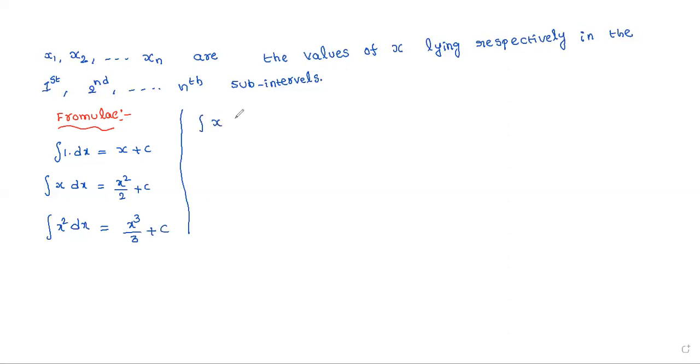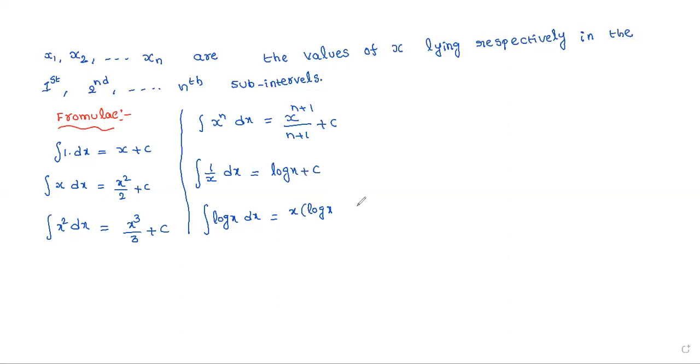Integration x power n dx is x power n plus 1 by n plus 1 plus c. Integration 1 by x dx is log x. Integration log x dx is x into log x minus 1 plus c.